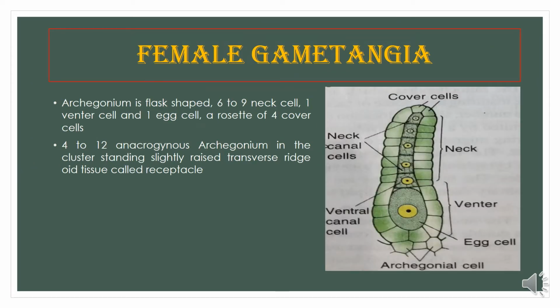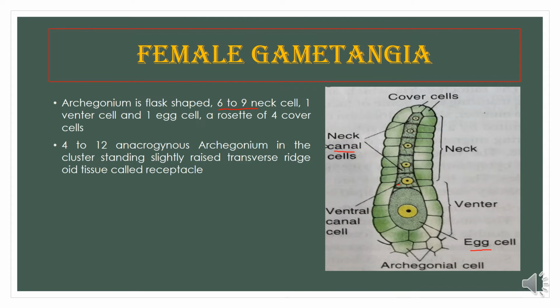This is how the female gametangium looks. It has neck canal cells, and the number of neck canal cells is 6 to 9. After the 6 to 9 neck canal cells, there is a single ventral canal cell, and under the ventral canal cell there is an egg cell.